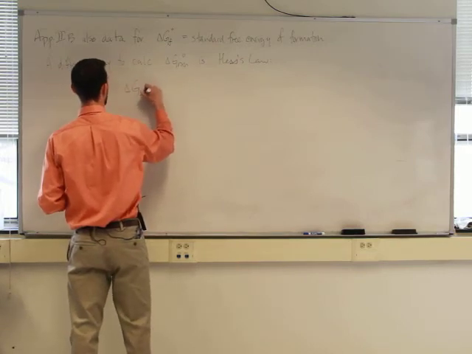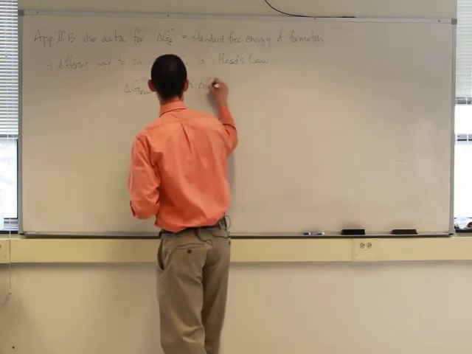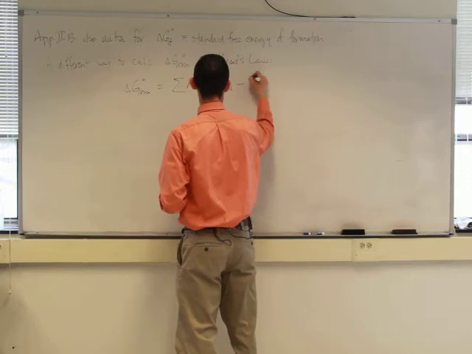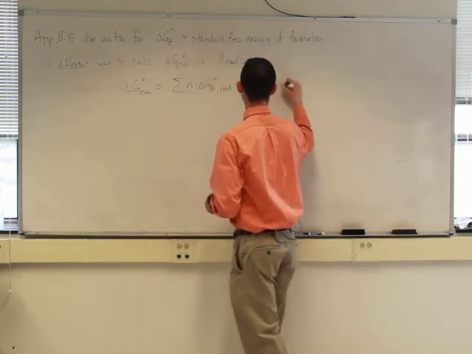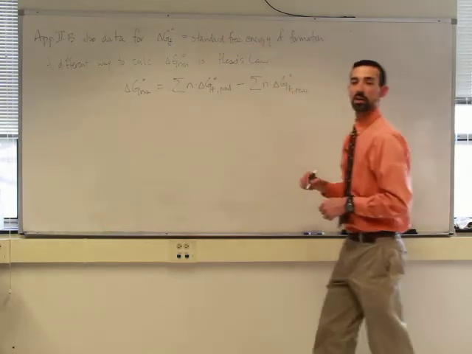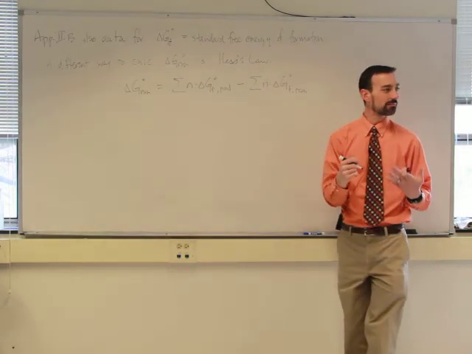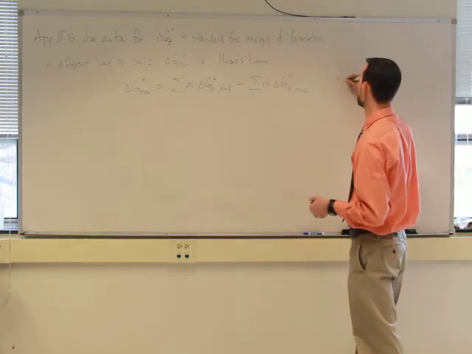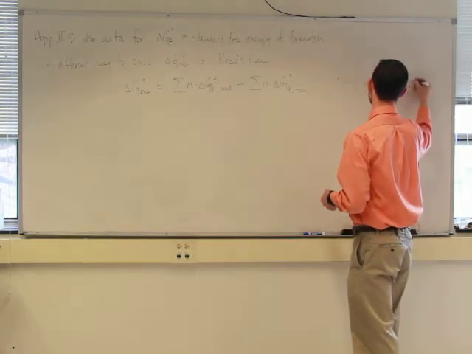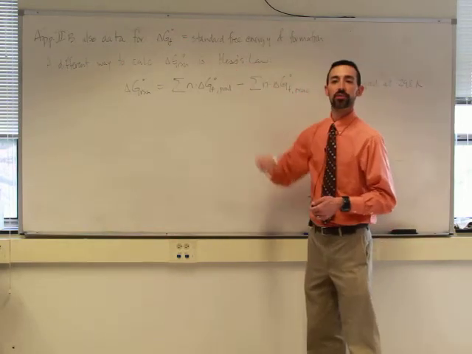Delta G for a reaction is equal to the sum of the free energies of formation of your products minus the sum of the free energies of formation of your reactants. What's limiting about this formula though is that it's only good at 298 Kelvin because of the standard temperature being there.